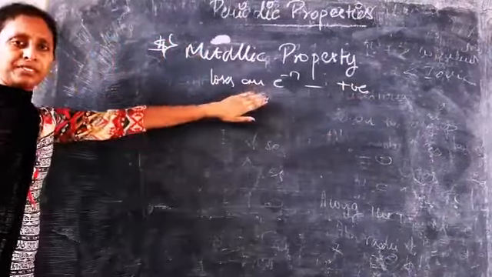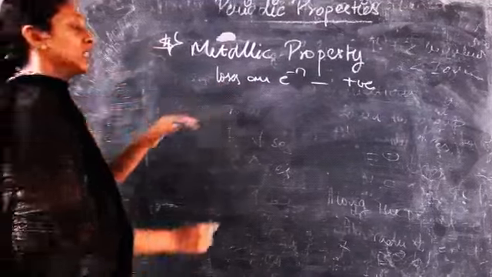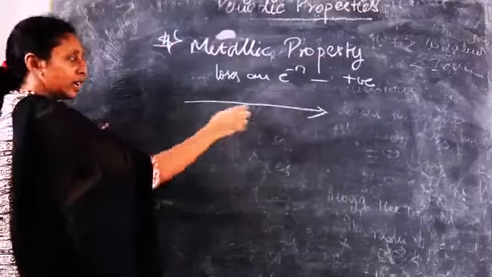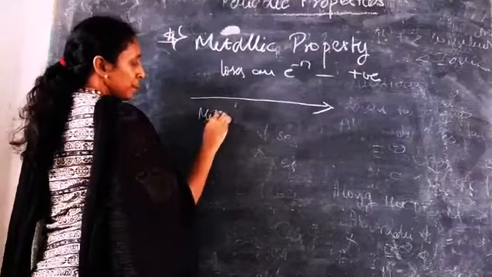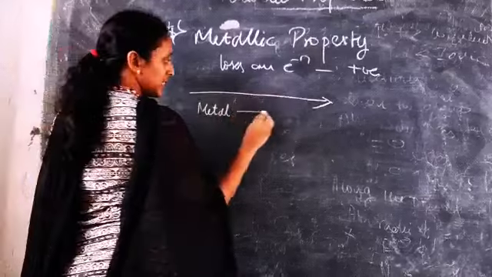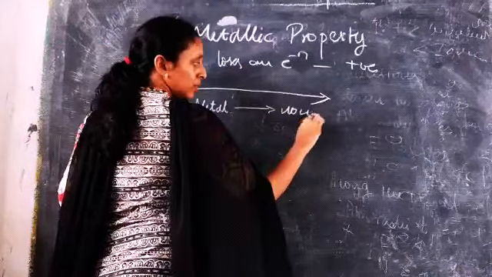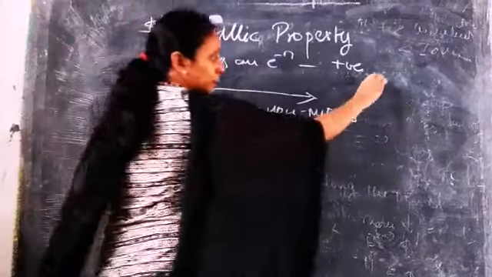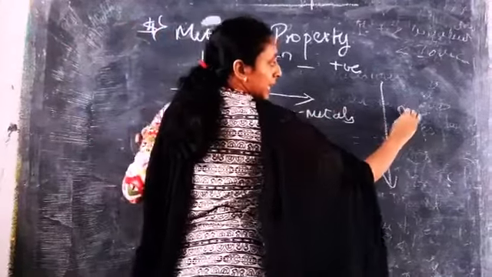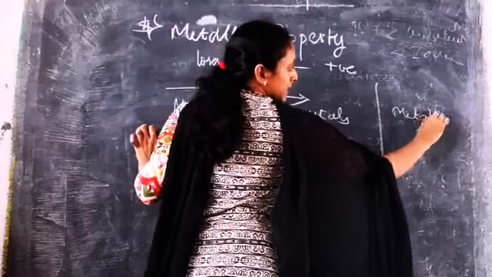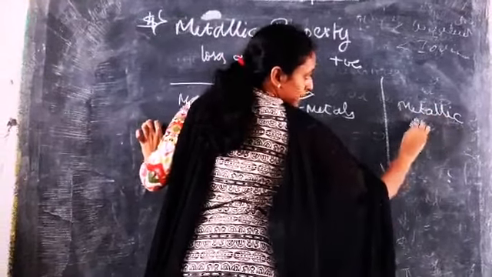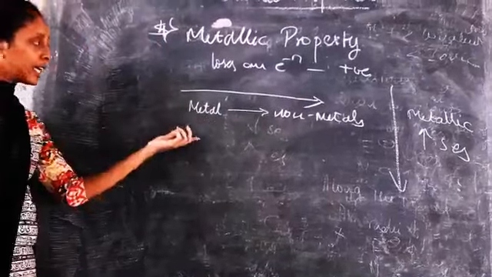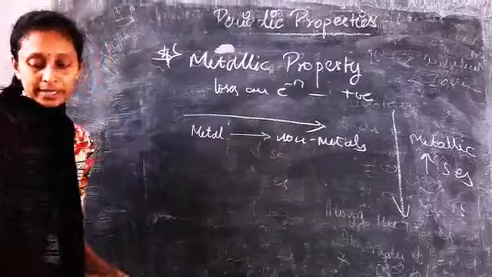As we go along the period, the metallic property decreases and it will switch to non-metals. But when you come down the group, the metallic property increases.